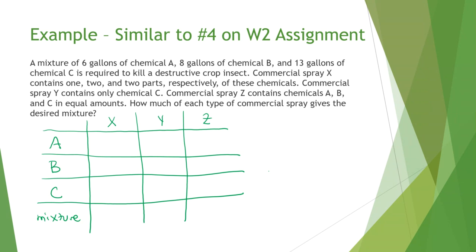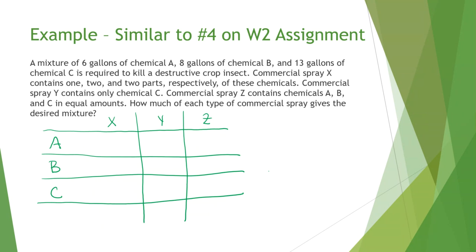So, okay, let's look at chemical A. So chemical A, we have 6 gallons. We're assuming we're using all of it. I have my A, B, and C. Okay, I have this backwards.